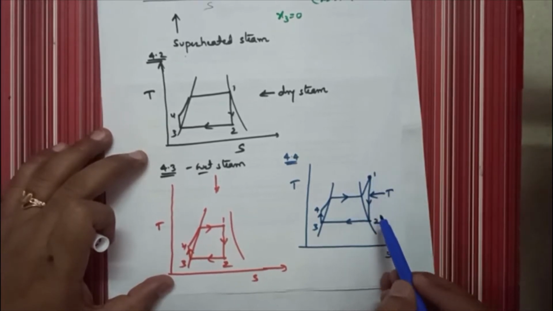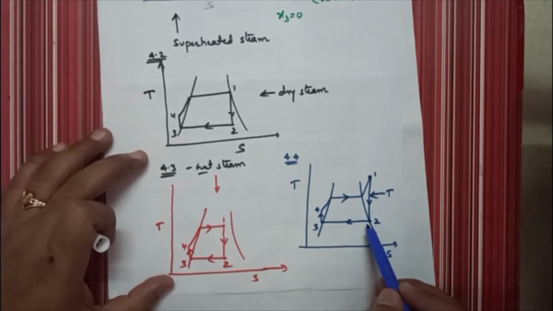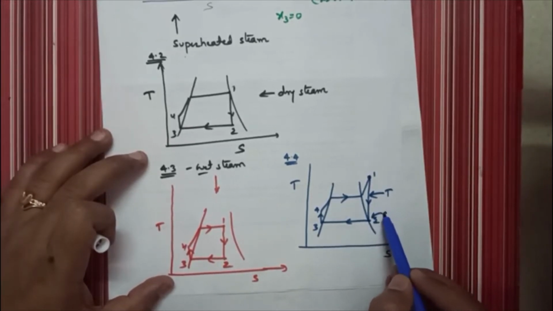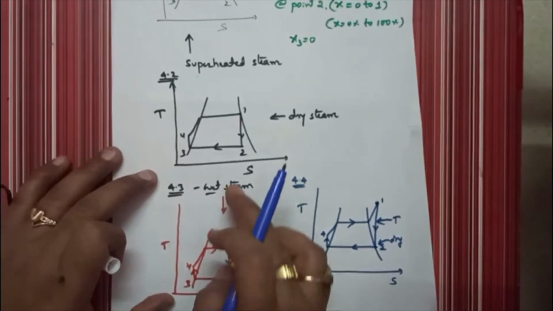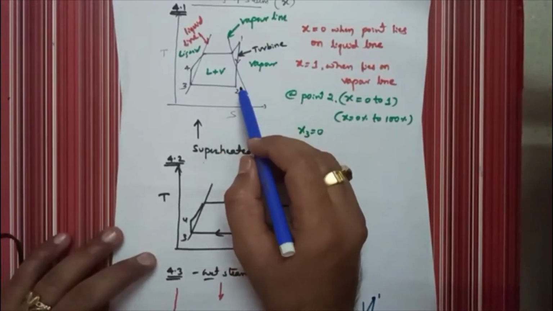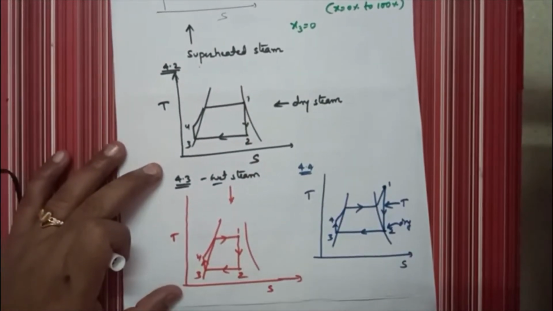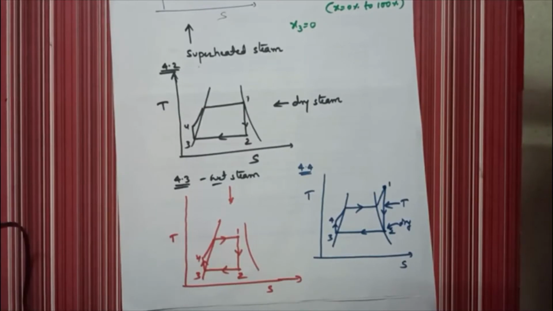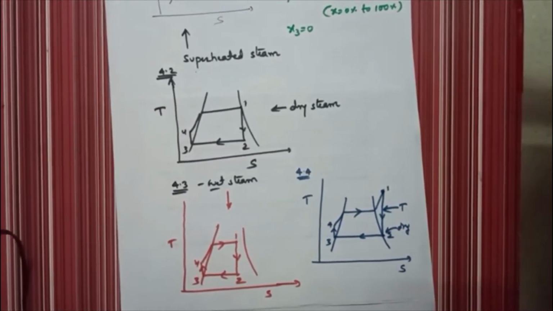At the same time, at outlet of the turbine, the condition of the steam is dry steam. Here it is dry steam. But in these 3 cases, at outlet of the turbine, point number 2, it is wet steam. So these are the 4 varieties of problems they may ask you.